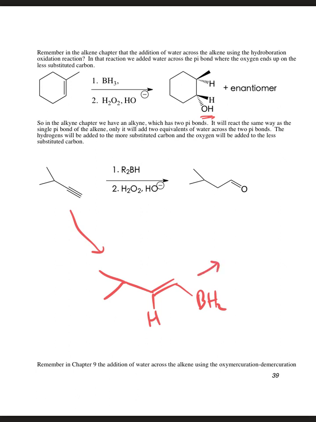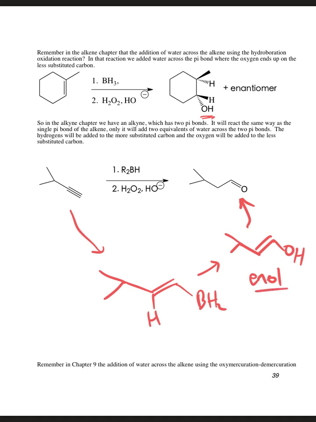We can oxidize the borane off to the vinyl alcohol, enol, and then that can keto-enol tautomerize, which we will draw in a minute, to the aldehyde, because the carbonyl is more stable than the enol.